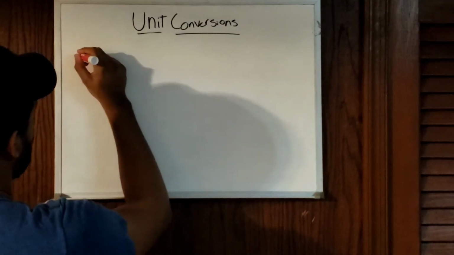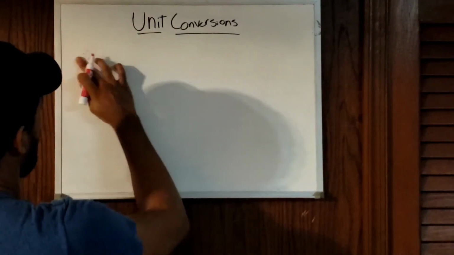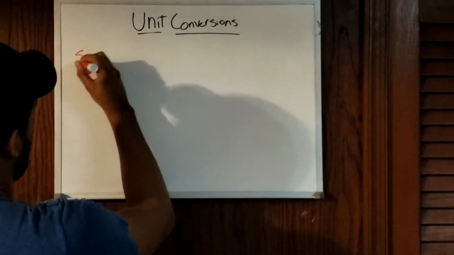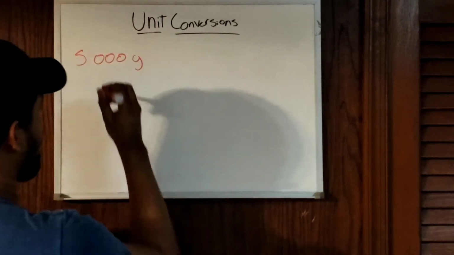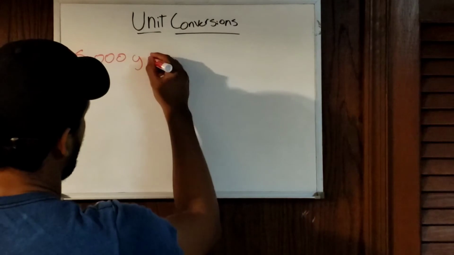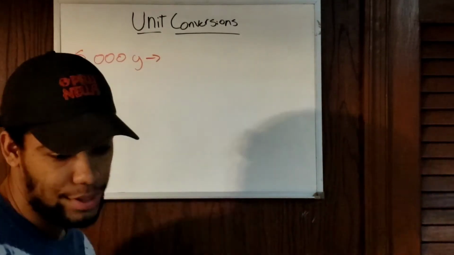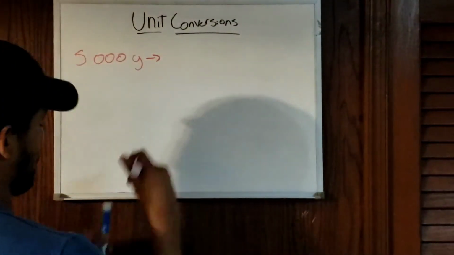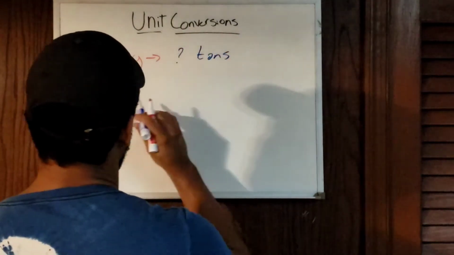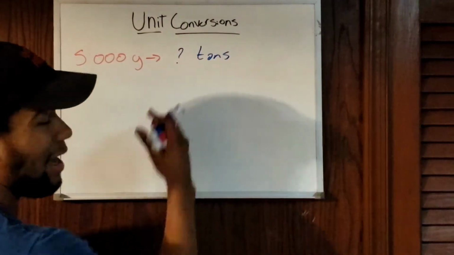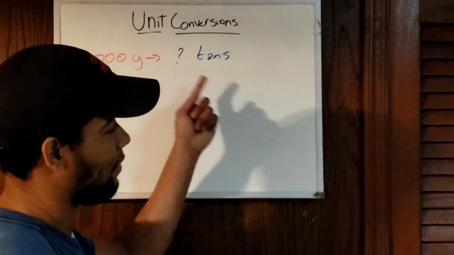Let's say we have 5,000 grams, and we want to convert that into tons, actually. So 5,000 grams is how many tons? What is that if you're talking about tons?